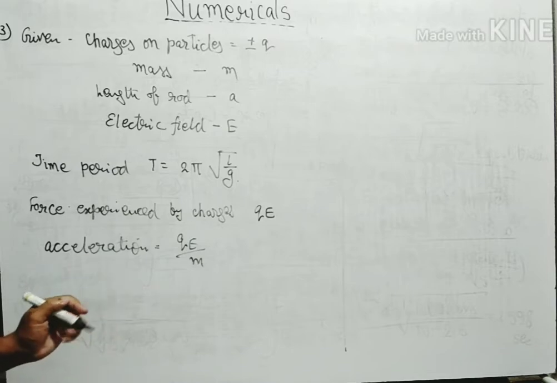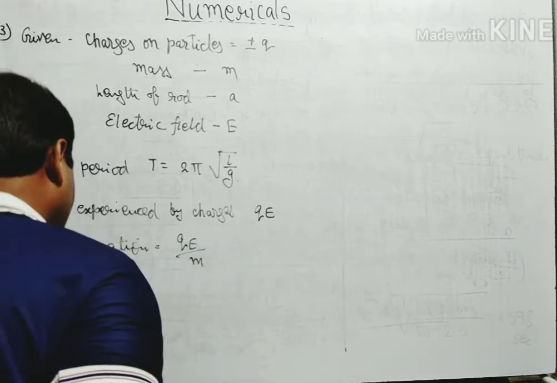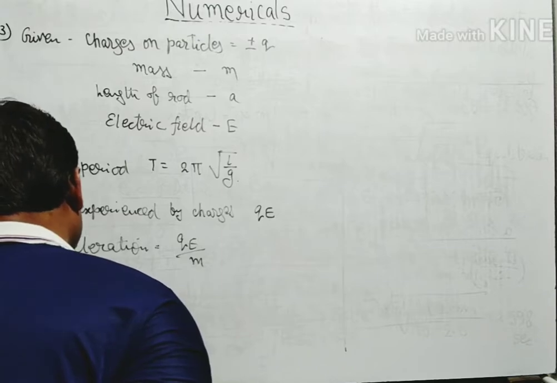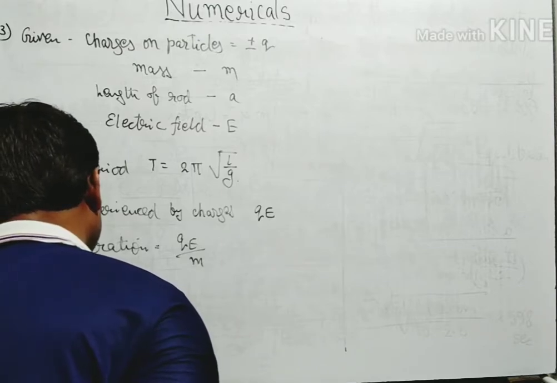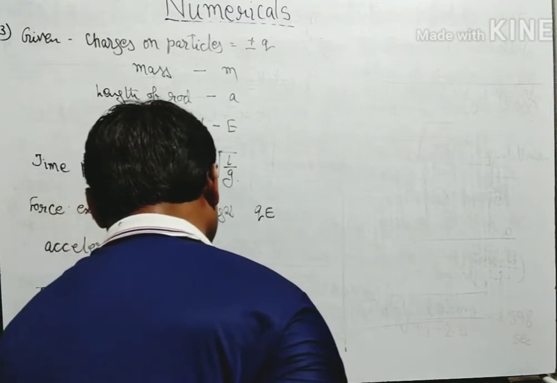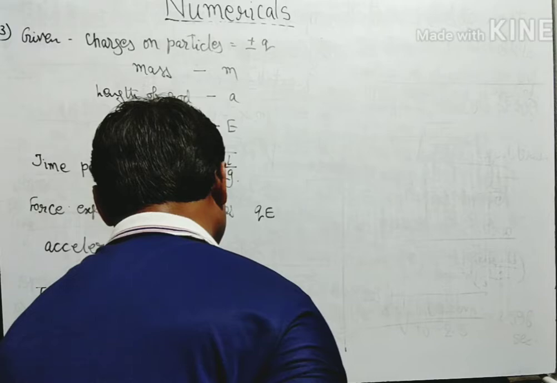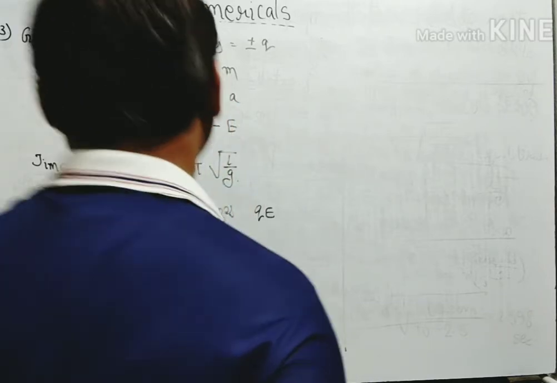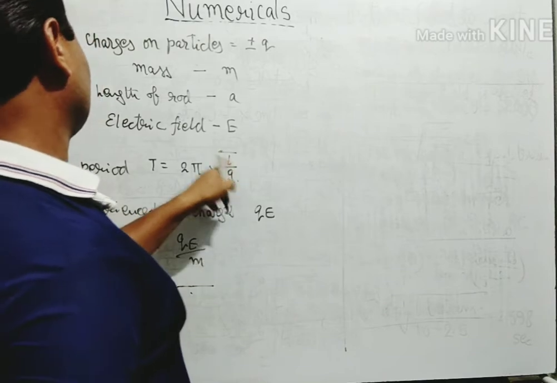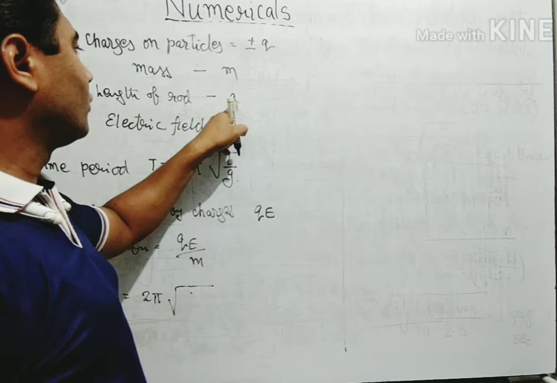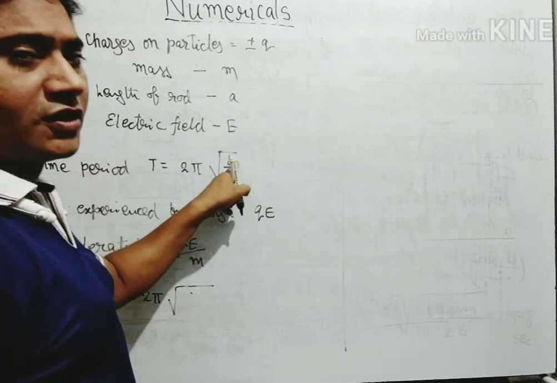Now here what do we do? Now we write the value of time period. So the time period equals 2 pi under root L. Actually here the length of the dipole is given to be A. So this is the value of L that we'll be placing here.